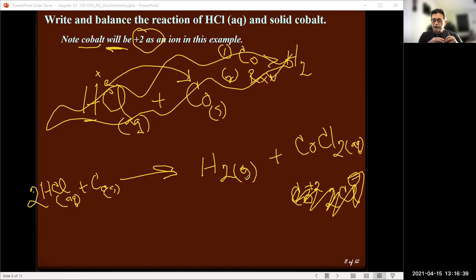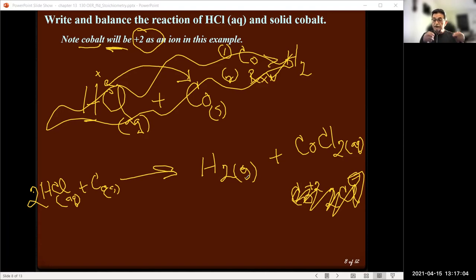We're given the oxidation state of the cobalt, which is +2. The chlorides are going along for the ride. They start off as a reactant and are going to end up in the product. We know they have a -1, so we write the ionic compounds first as ions so we can put them together in the proper ratio. We came up with CoCl2.